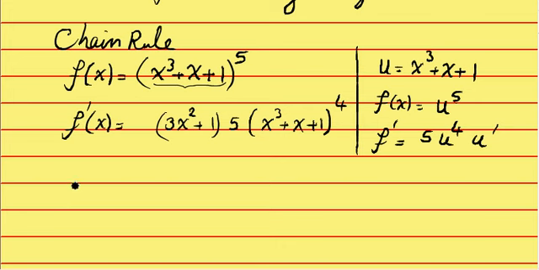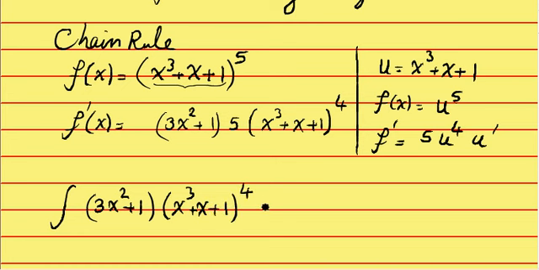Let's just start with an example like this one. Suppose I have 3x squared plus 1 times x cubed plus x plus 1 raised to the power of 4 dx. Say I want to calculate this indefinite integral.